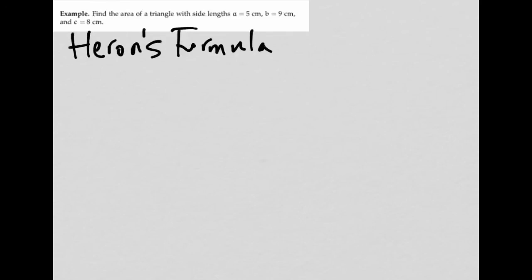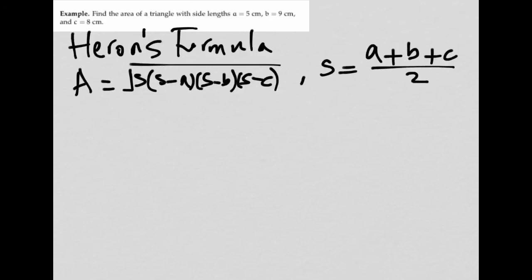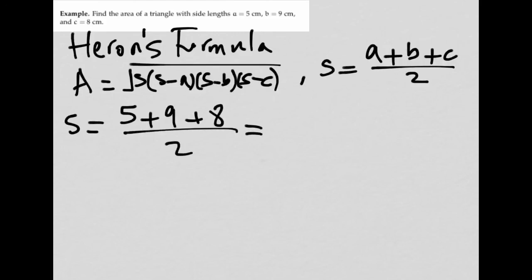for computing the area of a triangle is A equals the square root of s times s minus a, s minus b, s minus c, where s is the semi-perimeter of the triangle given by a plus b plus c over 2. So in this case, our semi-perimeter is 5 plus 9 plus 8 divided by 2. This is 22 divided by 2, which is 11 centimeters.